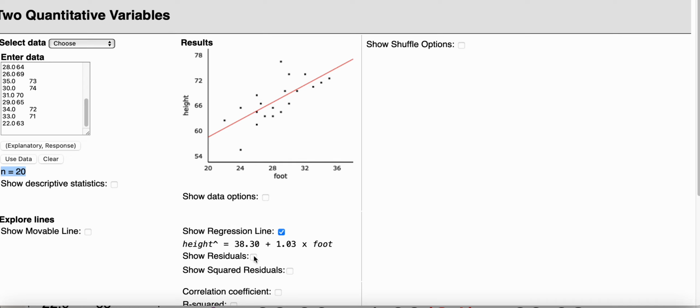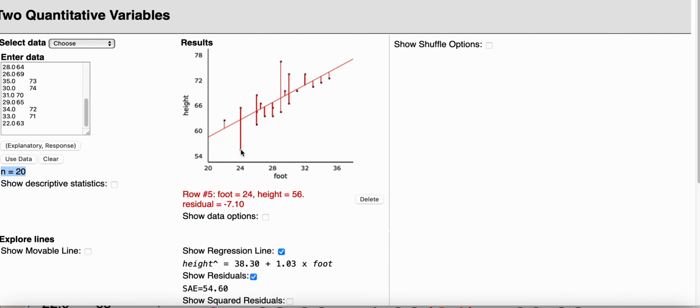I do want to show you here, you can also show residuals. If you click on any dot, it's going to calculate the residual for you. You need to know how to do it by hand, but I want you to be able to use this as a way to check your data.